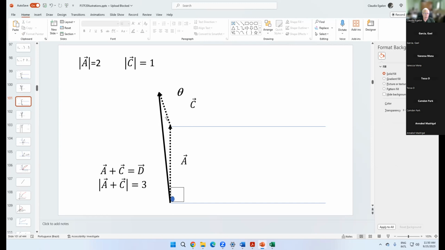Here's my D vector, and for collinear cases, this angle opposite to the side is going to be 180 degrees, right?